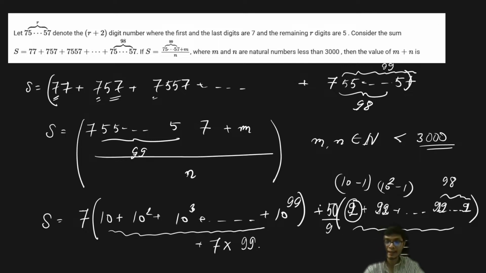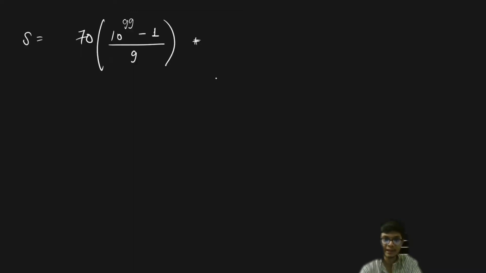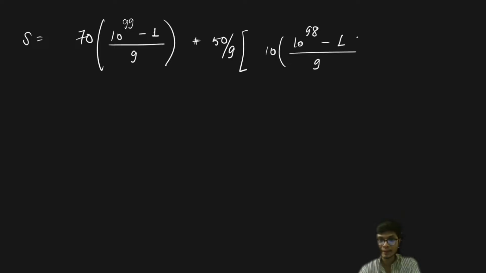and if I do that, then I'm going to get another GP, that is 50 upon 9 multiplied with 10 into (10 to the power 98 minus 1) divided by 9, and then we will have 98 ones, right, which I will be subtracting, and at the end you will always have 7 into 99.